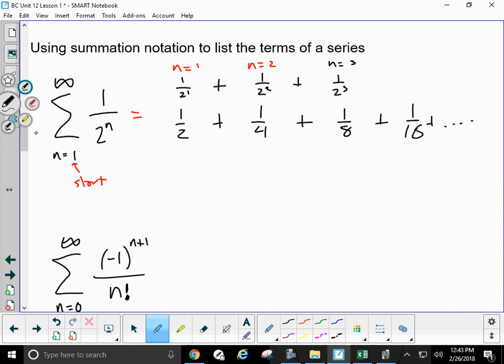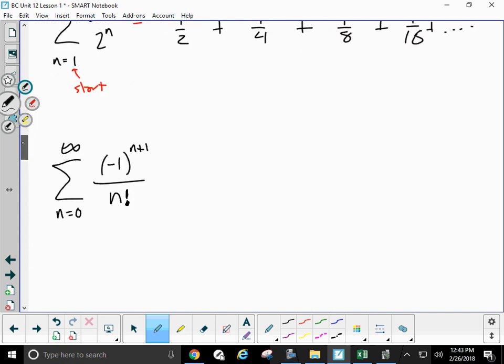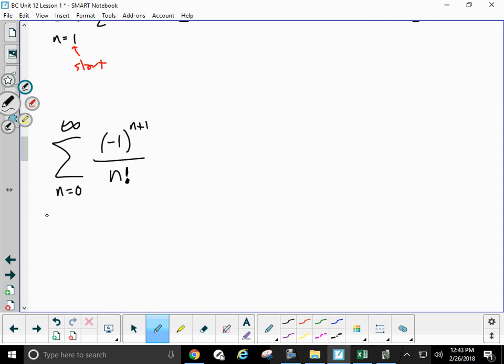Now let's do this one. Now we will be seeing factorials a lot. We'll talk about the growth of factorials compared to the growth of other different types of functions in the future. Just to familiarize yourself with a factorial, it's just the number multiplied by the number minus 1 all the way till you get down to 1.